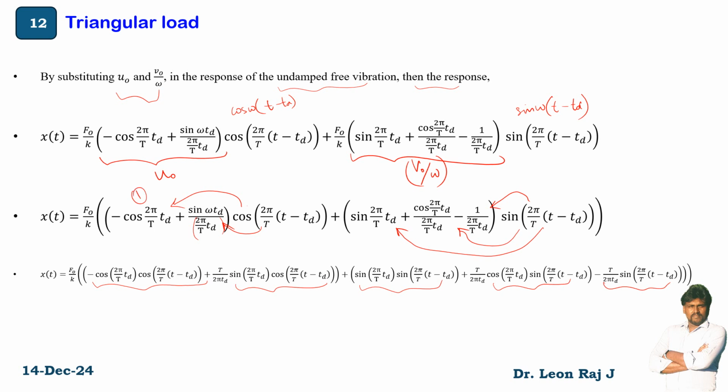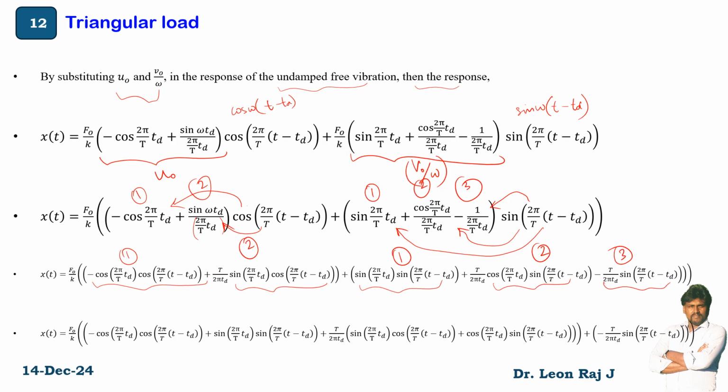Here you have two terms, 1, 2, and here you have three terms, 1, 2, and 3. So you have a total of five terms. Just rearrange these three terms as follows.